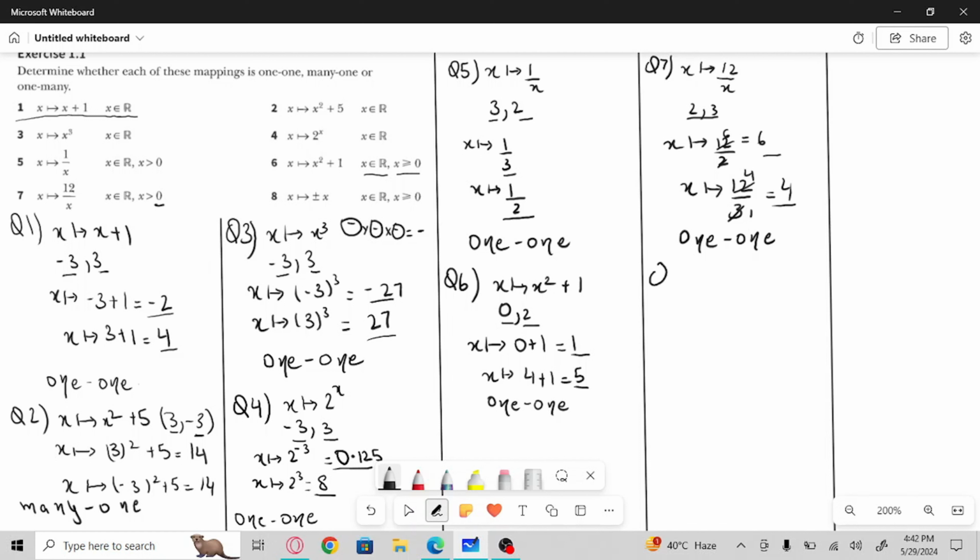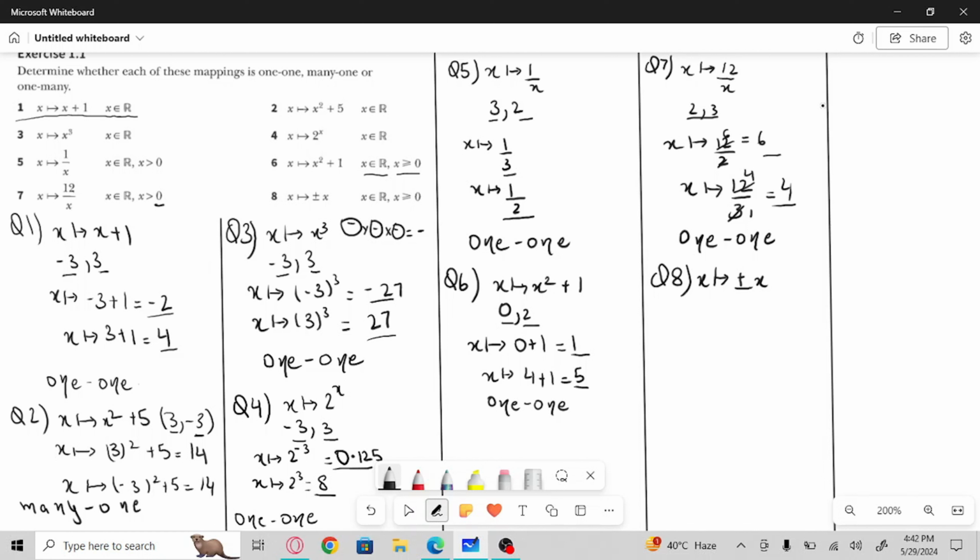Okay, so question number 8, which is the last question. This is a different type of question: x is mapped to plus minus root x, where x belongs to the group of real numbers and is greater than or equal to 0, meaning no negative values.